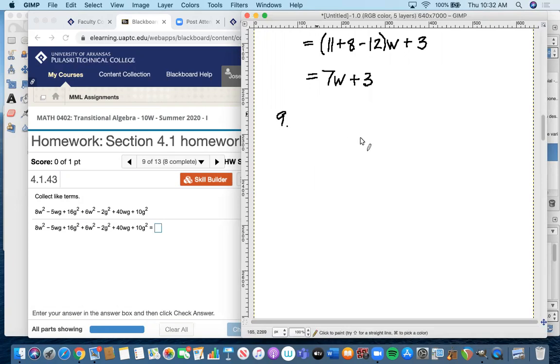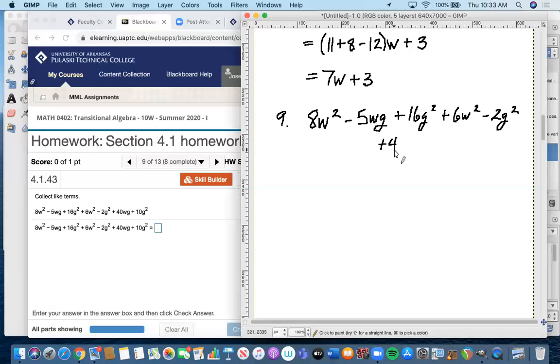So we've got 8W squared minus 5WG plus 16G squared plus 6W squared minus 2G squared. There's a lot of terms here. Plus 40WG plus 10G squared.